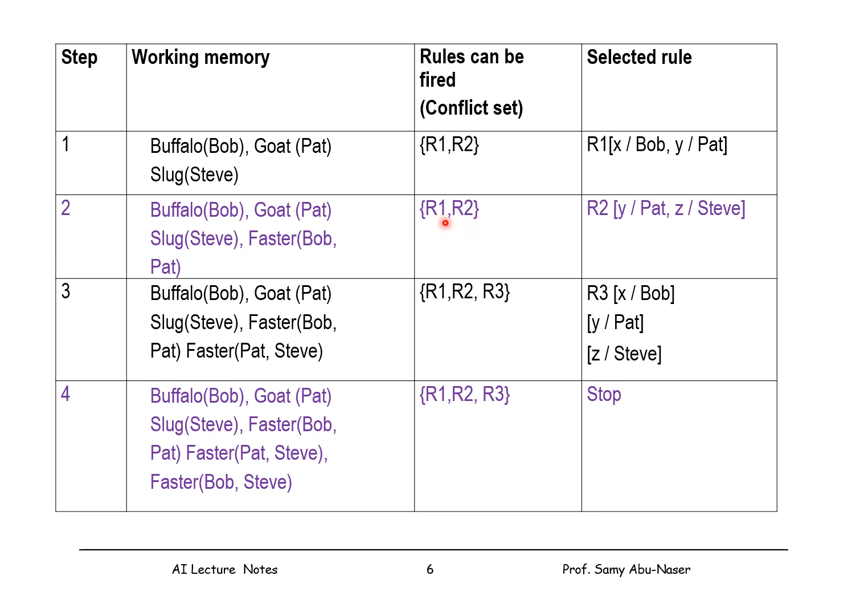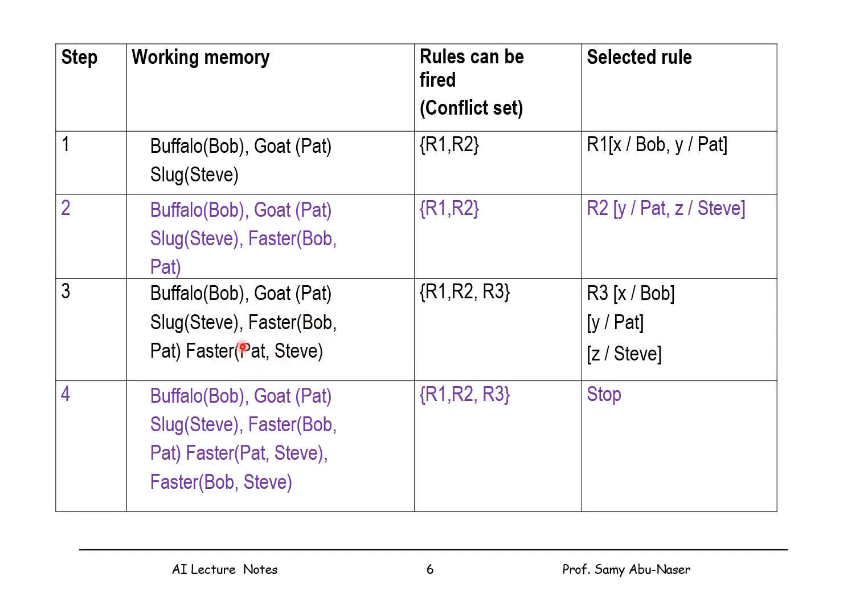We took rule 1 before, we don't take it again, so we take rule 2. We substitute Y for Pat and Z for Steve. Execute R2. The old facts: buffalo Bob, goat Pat, slug Steve, faster Bob and Pat. The new thing is faster Pat and Steve. Pat is faster than Steve.